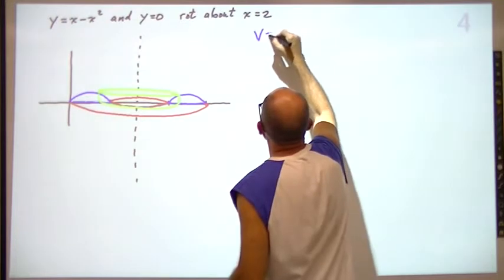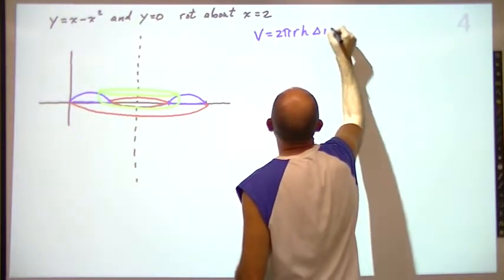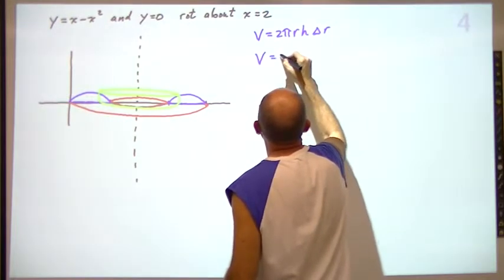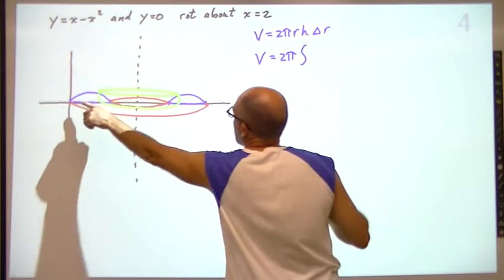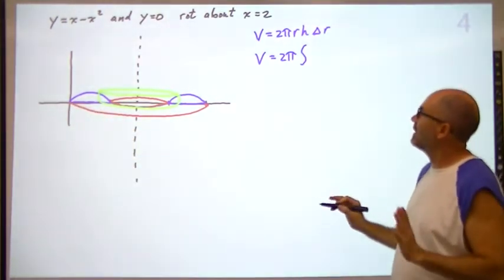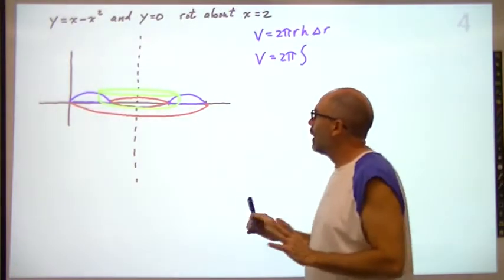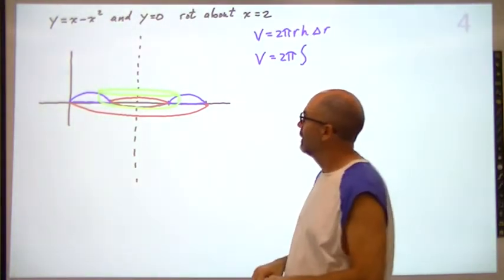So volume equals 2 pi RH delta R. So that equals 2 pi times the integral from... Now, first of all, before we even begin this, do we want delta x's or delta y's?